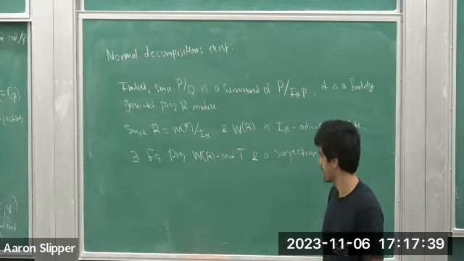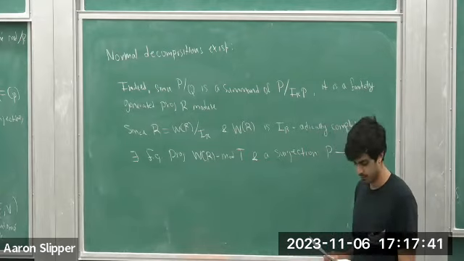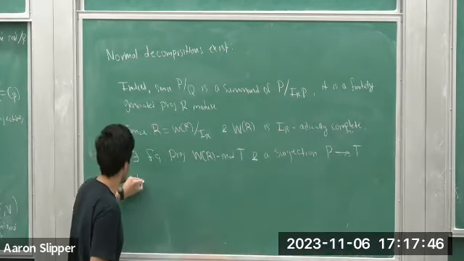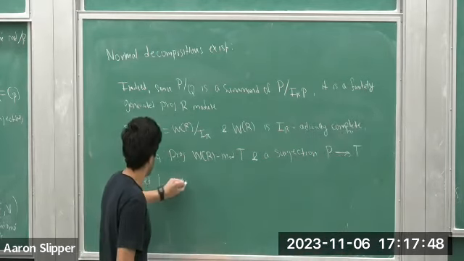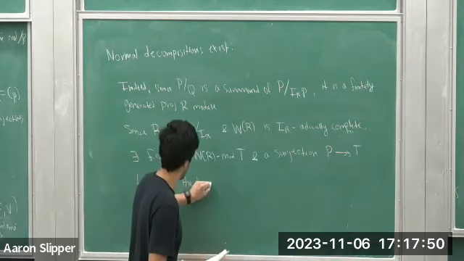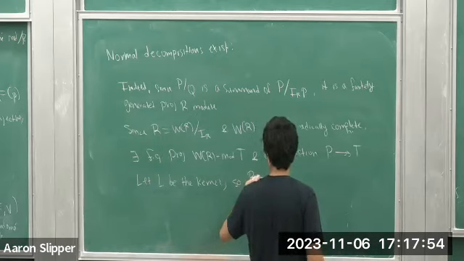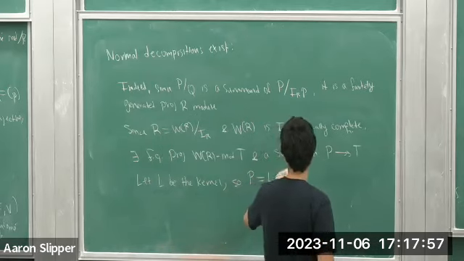Okay. And so let L be the kernel. So we'll just take L to be the kernel. And then P equals L plus T. There exists a splitting.